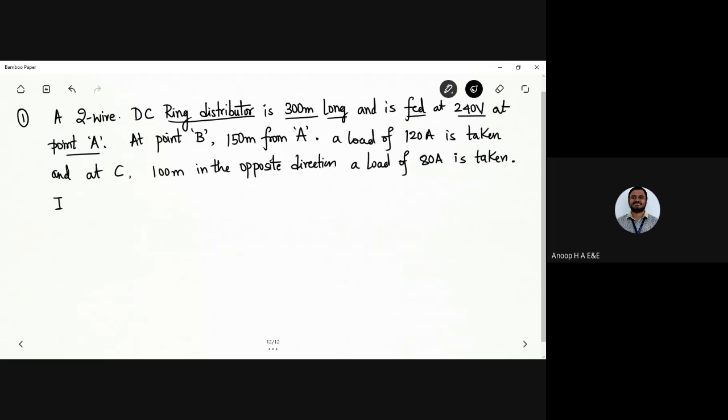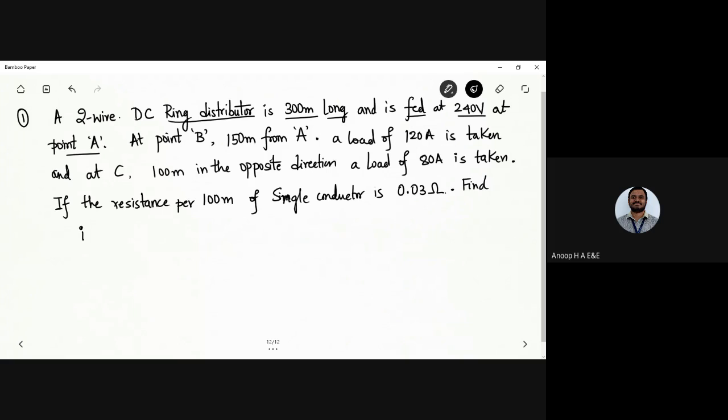Now, what is the next thing that you will be remembering? The resistance per 100 meters of a single conductor is 0.03 ohm.